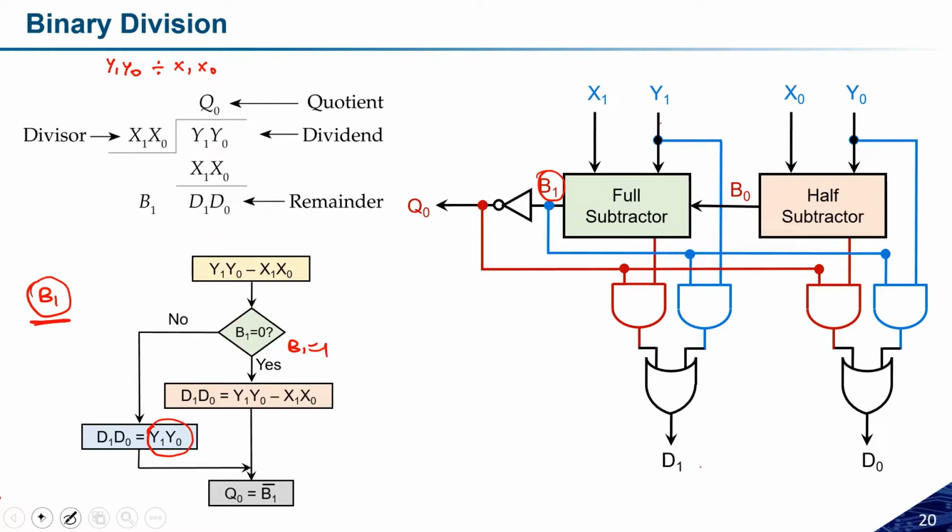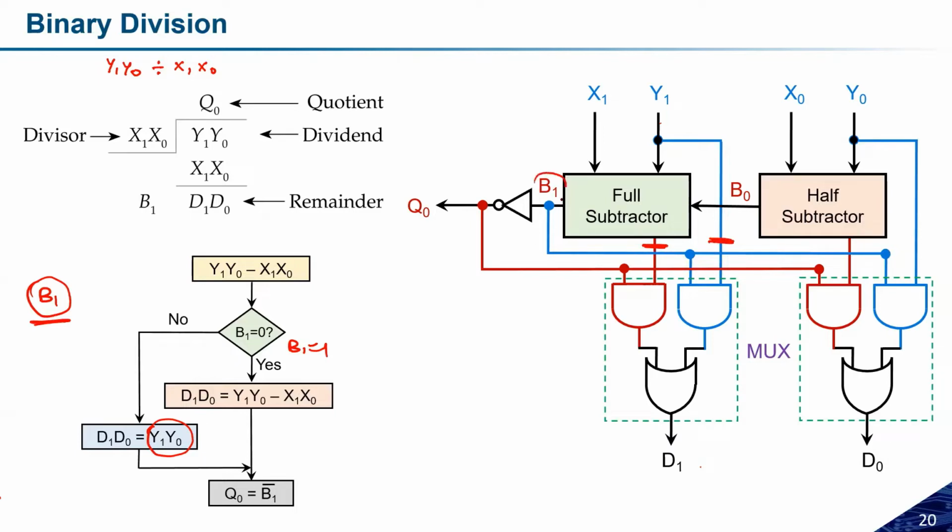Okay, so the important thing over here is, this is the complete circuit for the binary division circuit. Now if you look closely, these two blocks are nothing but, let us consider this is one of the inputs and this is one of the inputs.